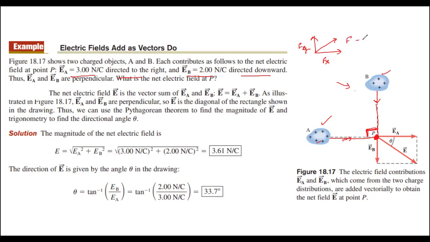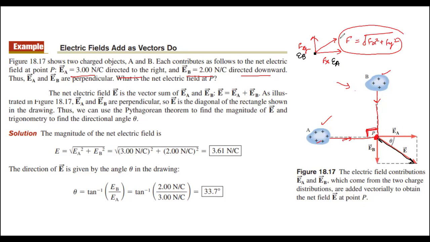It goes like this: square root of F of x squared plus F of y squared. So instead of F, we have EB over here, and over here we have EA. Everything else is same. This point is P. So this is your net electric field.